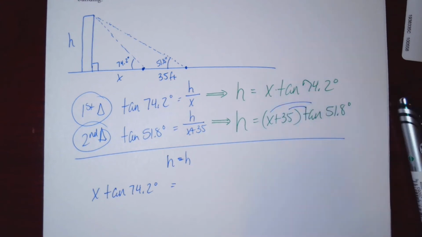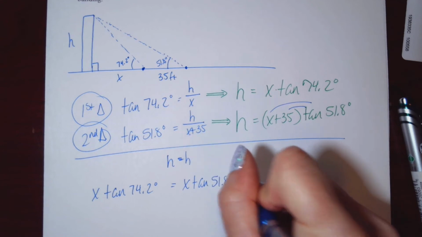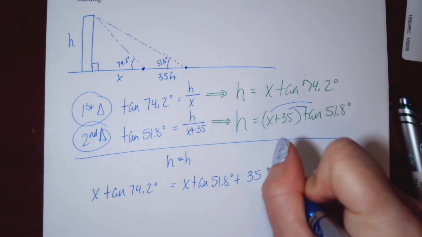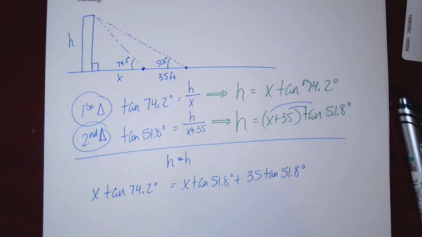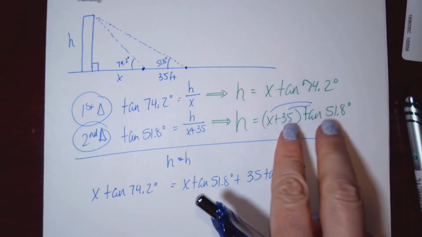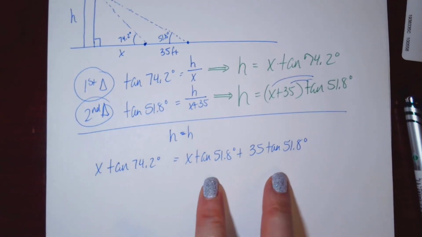ahead and distribute. So I've got x tangent 51.8 degrees plus 35 tangent of 51.8 degrees. So I distributed my multiplication over addition here to get both of these terms.